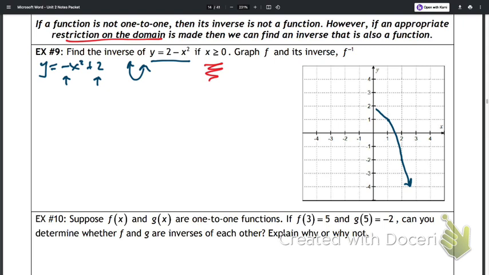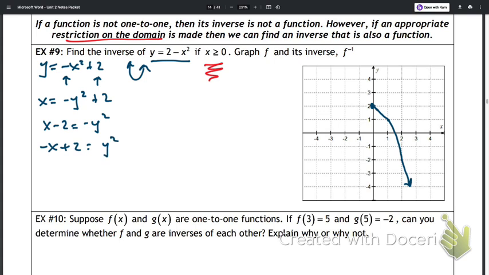All right, so we've got this graph right now. What I'm going to do is go ahead and find the inverse. So we're going to switch x and y, and now it'll be x equals -y squared plus 2. Subtract 2. Divide by -1, so that's -x plus 2 equals y squared.